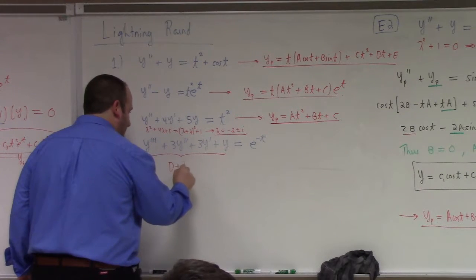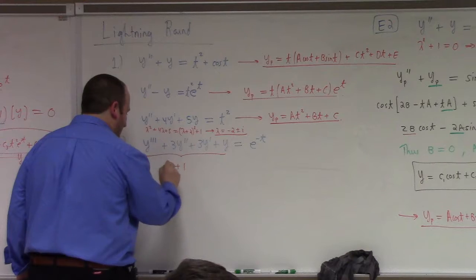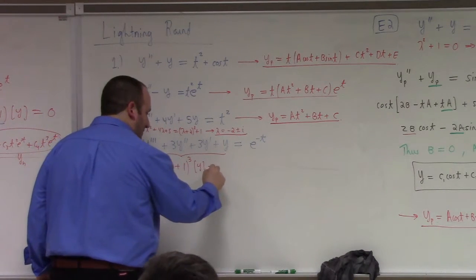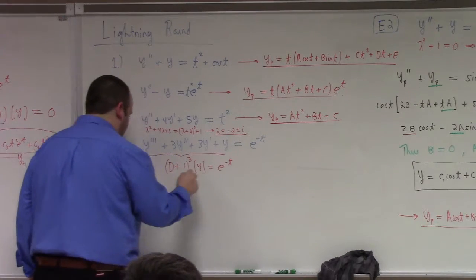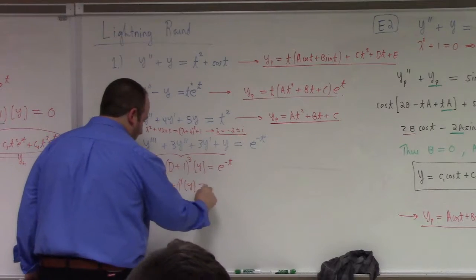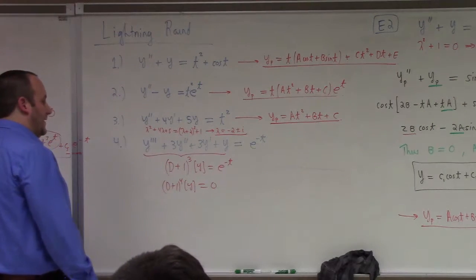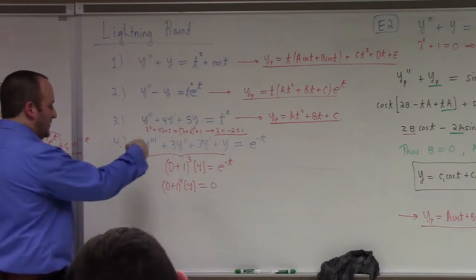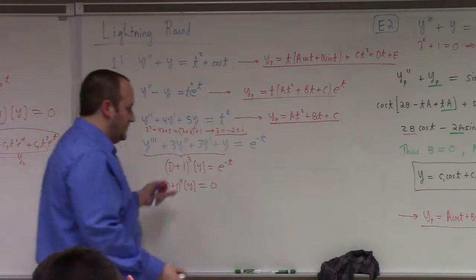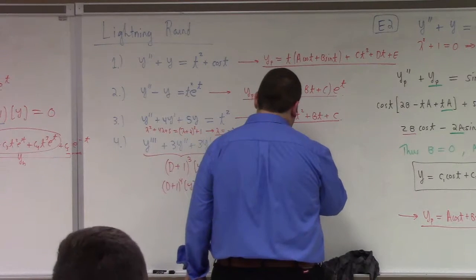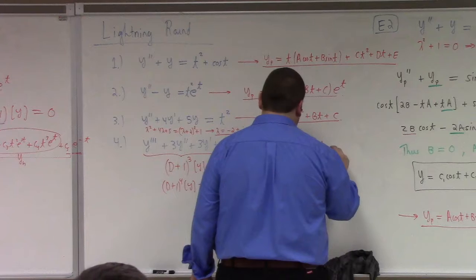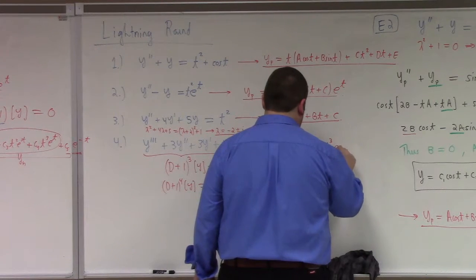So this is (d plus 1) cubed acting on y equal to e to the minus t. If I annihilate both sides, I get that. And so basically, the highest term in the homogeneous solution to the fourth order problem is the particular solution. I've seen enough. yp is equal to a t cubed e to the minus t.